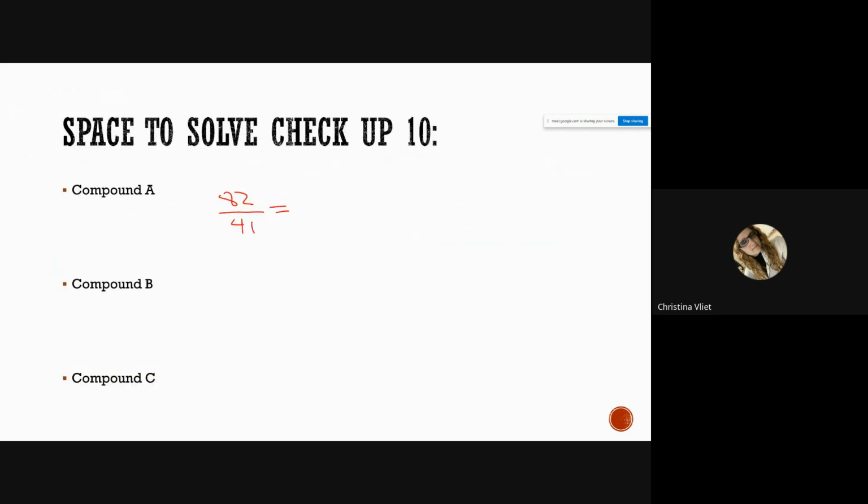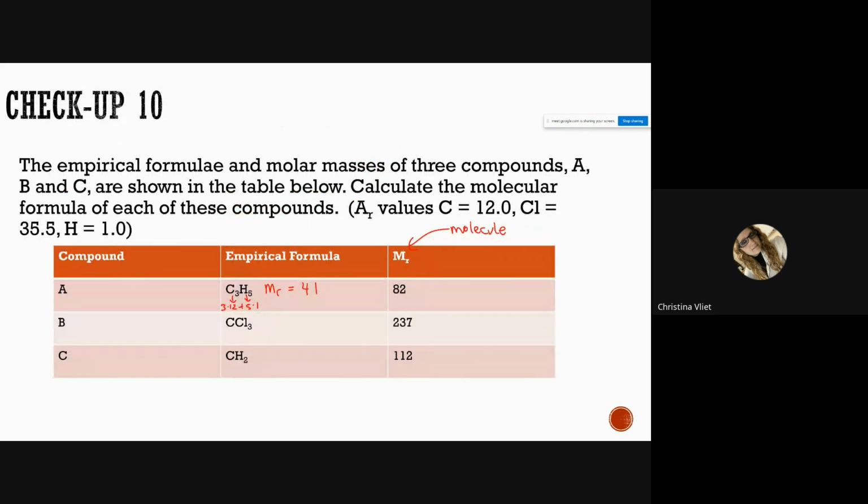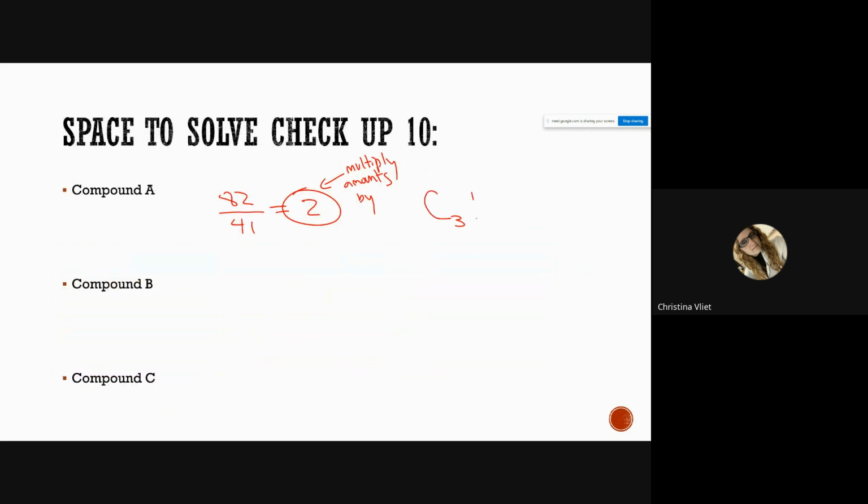That gives us the number 2. This is what we multiply the amounts by. So now go back to C3H5. We multiply each of the amounts by 2, and what does that give us for a molecular formula? Multiply by 2, multiply by 2, you get C6H10. So the actual molecule is C6H10. Okay with this?